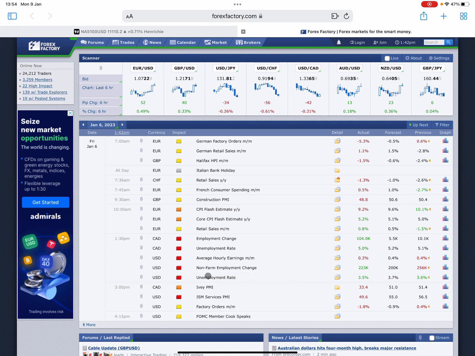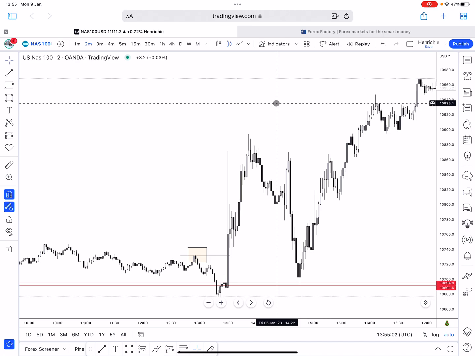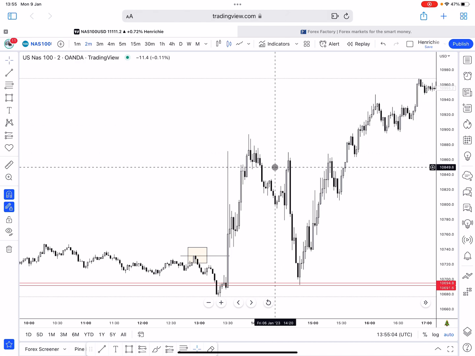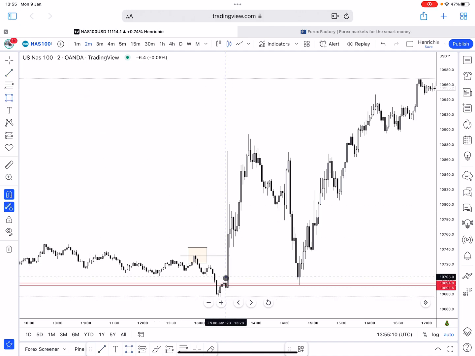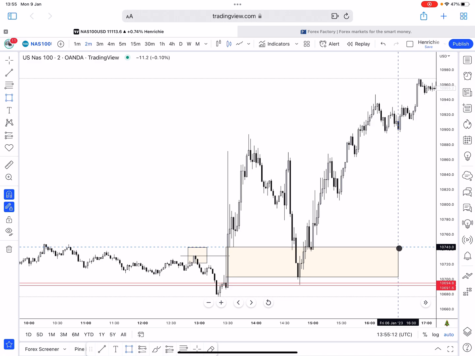Now, the third one, previous was 3.6, forecast 3.7, and the news that came out at 1:30 was signaling that the dollar will go down, this being 3.5. Now, with this information, I didn't need anything else besides looking for my fair value gap or an imbalance and putting on my trade. And this was my entry on that trade.